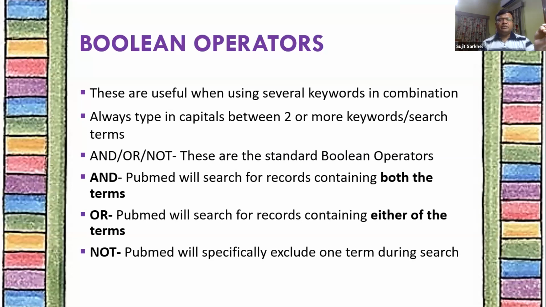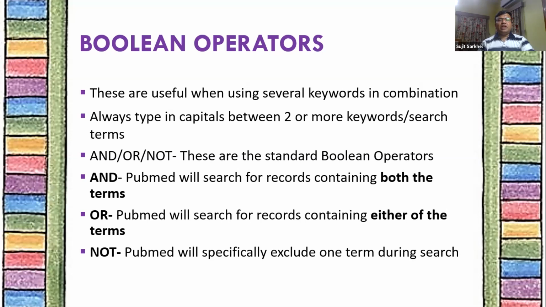Since you are specifically looking for treatment of depression, OR will unnecessarily make the search non-specific and give you irrelevant data. Another search word is NOT. If you are using NOT, you are specifically asking the search engine for depression NOT treatment. That means any article which has the word depression in it but not the word treatment.